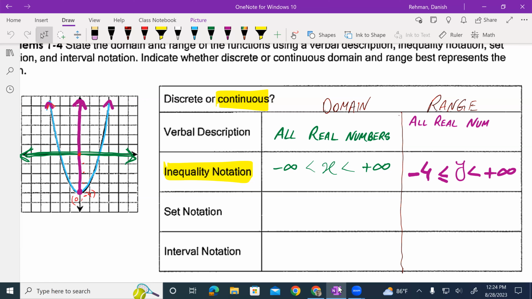It's almost here, appearing. It's a little bit of a gap, but trust me, it's saying all real numbers greater than or equal to -4. Does that make sense? Wording. You will say the same thing that you have mentioned in the inequalities form. You will say the same thing in the wording.